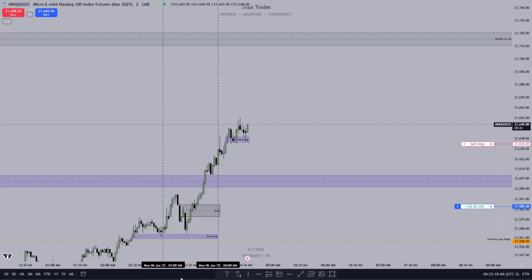If price wants to trend in that direction after entering in that window of 3 a.m. to 4 a.m., and if price wants to spool and goes higher, I'm not gonna put a take profit and get out, right?